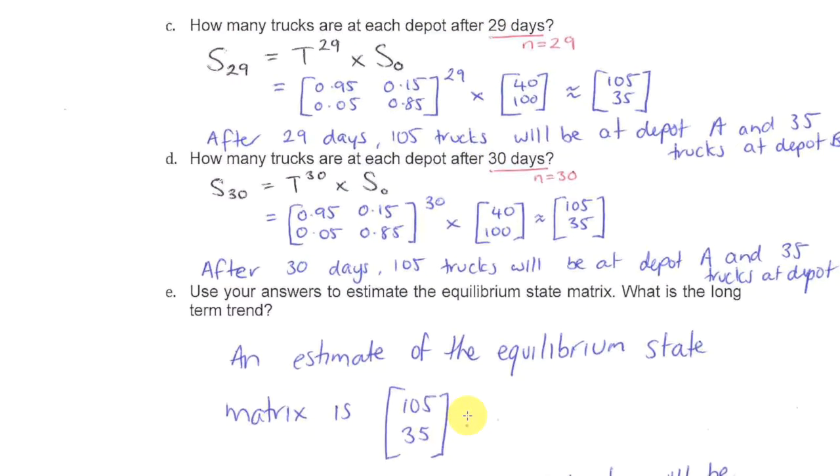We could just do straight away S of infinity equals T to the power of 100 times S0, and it will achieve that matrix. And then verify that we've reached a steady state by doing the next status across. So we would have T to the power of 101 times S0, and that would also produce the same.